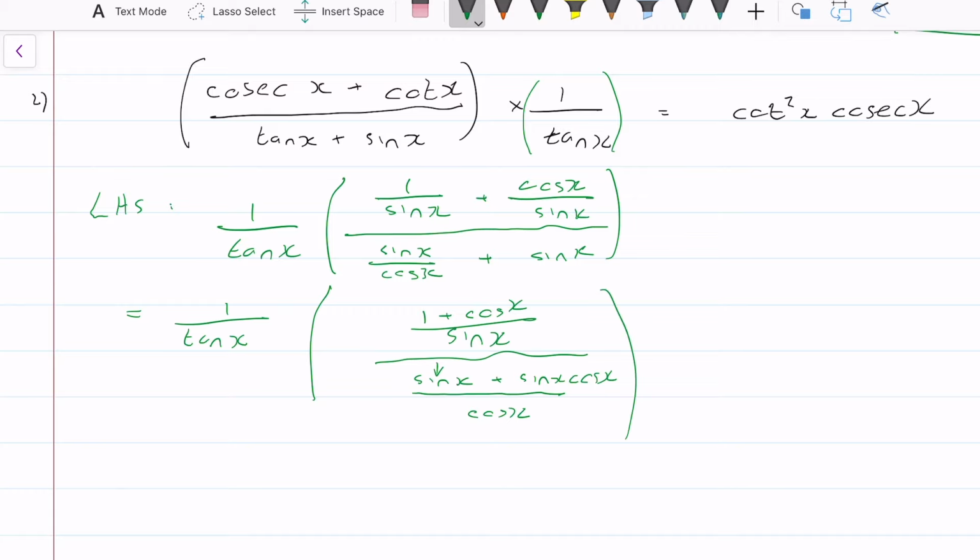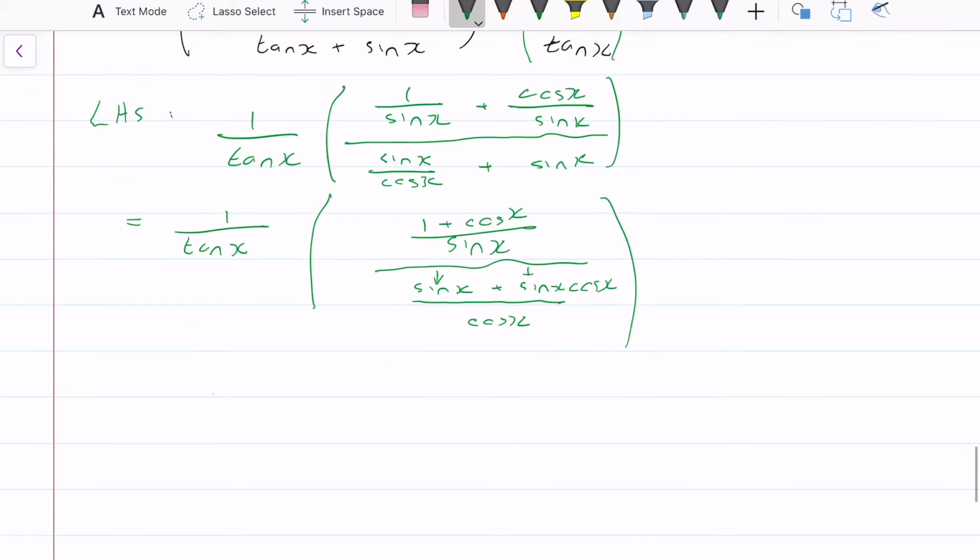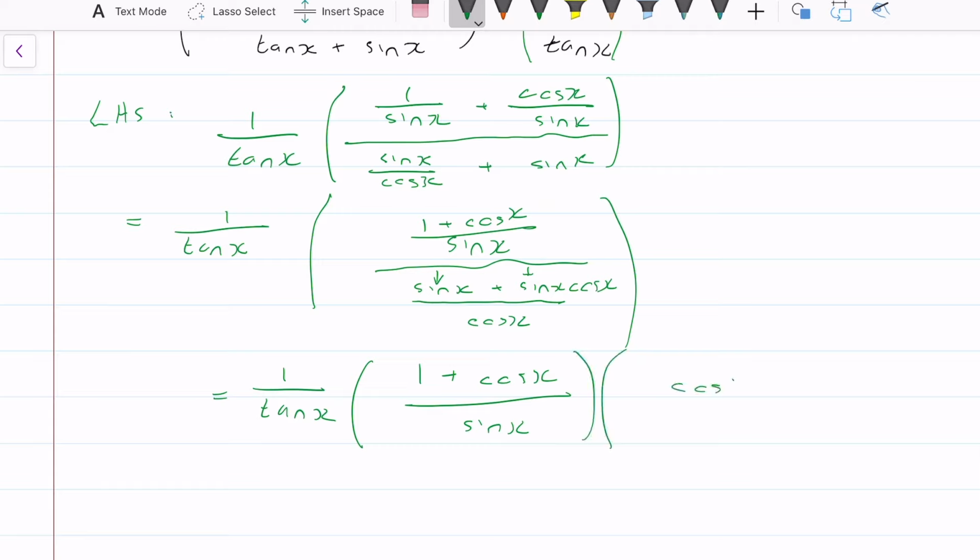Okay, I'm going to pull out these sin x's, or rather let's flip them. So we have 1 over tan x times 1 plus cos x over sin x times, flipping this, we get cos x over sin x plus sin x cos x.